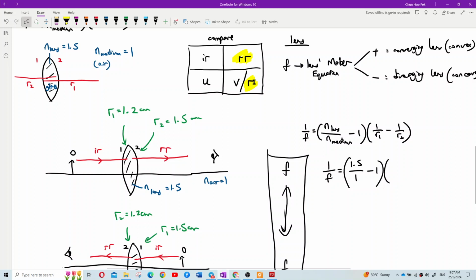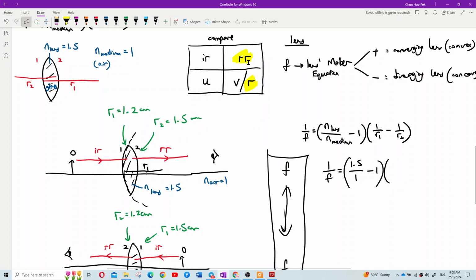Understand, class? Now, look at this one. I want to find R1. Where is R1? R1 is with the incident ray. This surface is R1. So let's draw the radius. This is the radius R1. Now, is this R1 on the same side as the reflected ray?